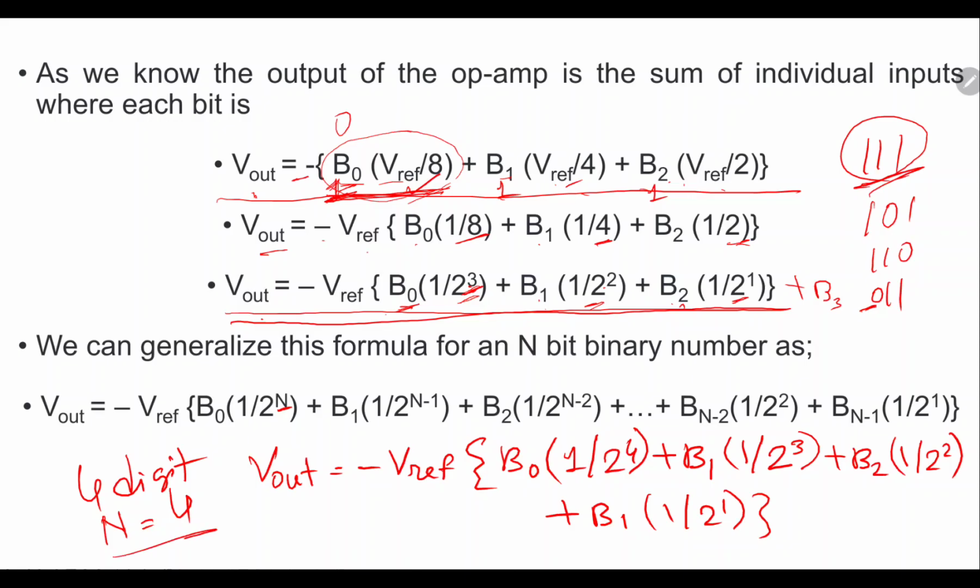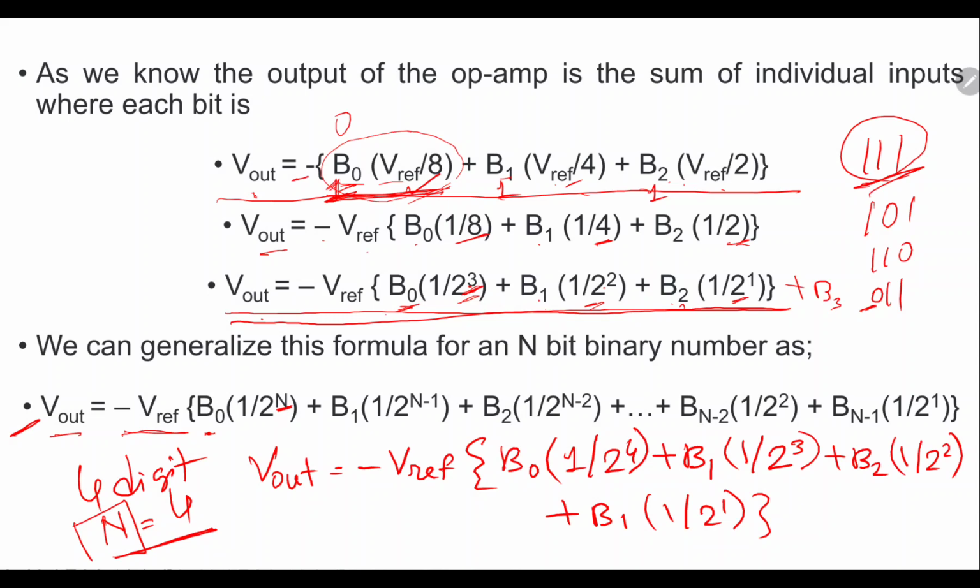So for n digits, we are considering one parameter, that is n, the number of digits. So here you can see the output voltage expression: V out equal to minus V reference, B0 multiplied with 1 by 2 to the power n.